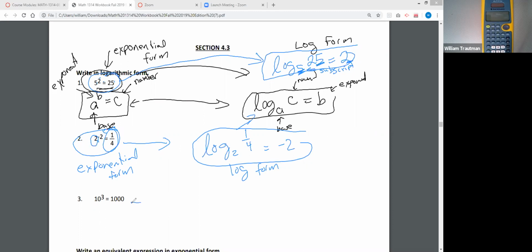Let's try this one. Change it to log form. The base. Maybe I should have said base is B. A to the B power. We're calling this the exponent, B power.